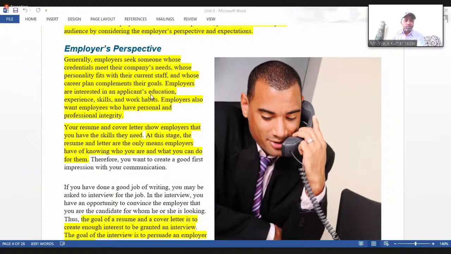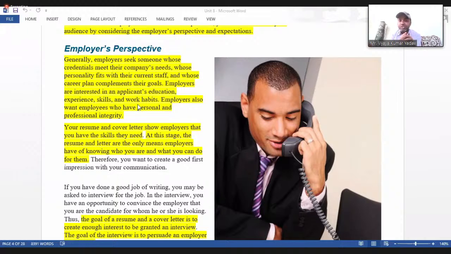Employers are interested in an applicant's education, experience, skills, and work habits. The employers who are going to provide the job are interested in what kind of education the applicant has, what experience, what skills, and what work habits.